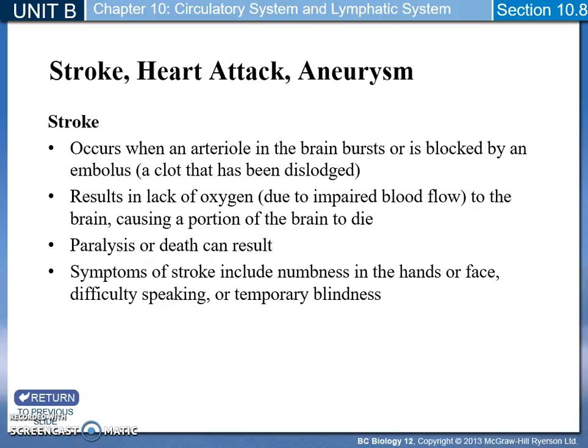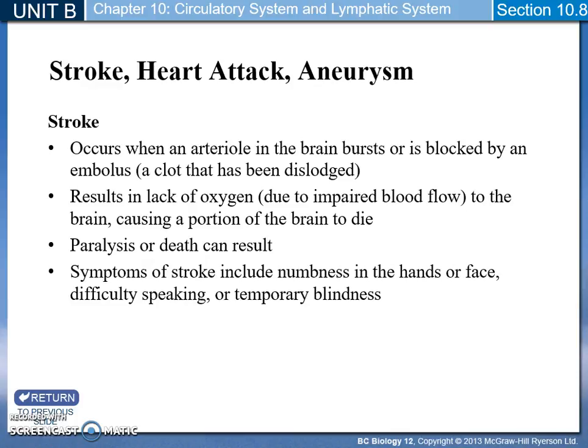So stroke, heart attack, and aneurysm. A stroke occurs when an arteriole in the brain either bursts, and this is what's referred to as a hemorrhagic stroke, but still a stroke because part of the brain will lose its blood supply. In this case, because of a burst in a vessel, you get an actual bleed in the brain.